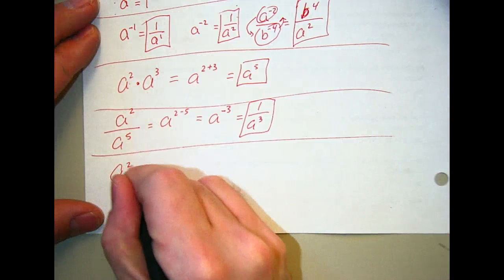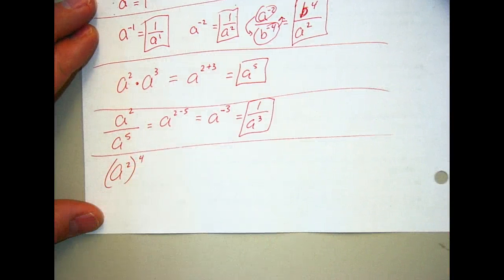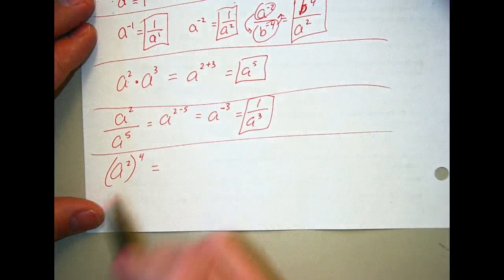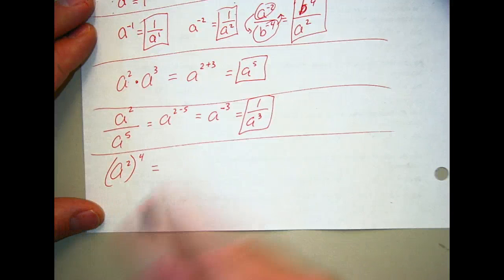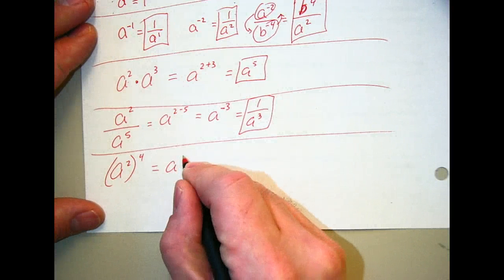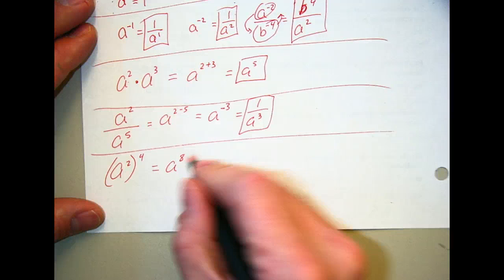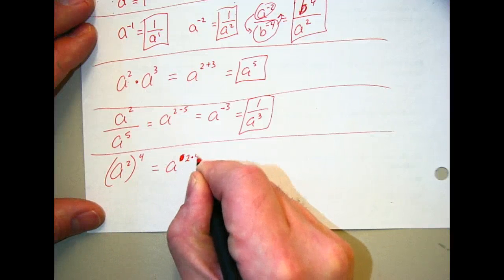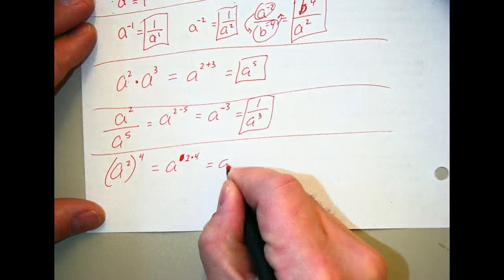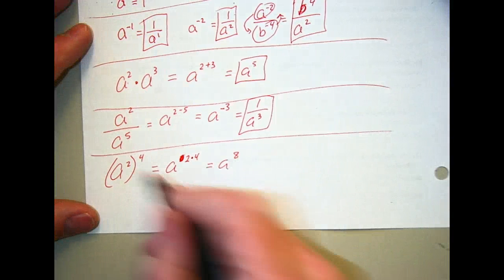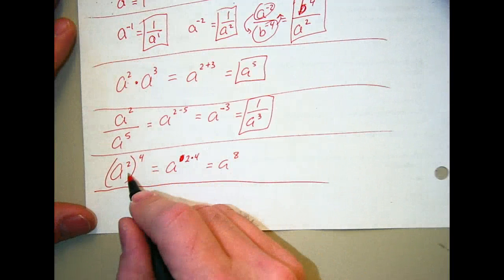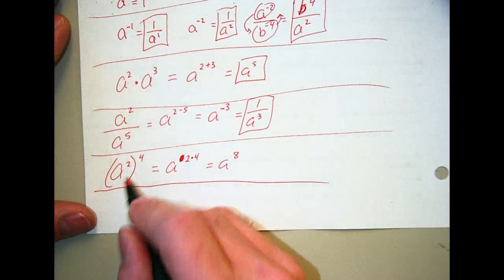If we have a to the second, all to the fourth, that actually means you have a squared times a squared times a squared times a squared. So you really have a to the eighth. You're multiplying. Another way to think about that: 2 times 4, which is a to the eighth. So if you can't remember, just write it out in expanded form.